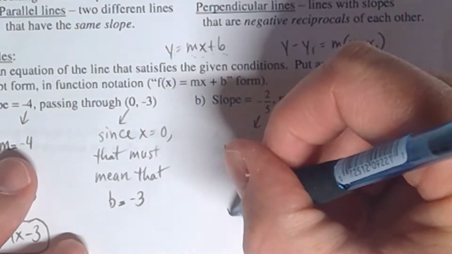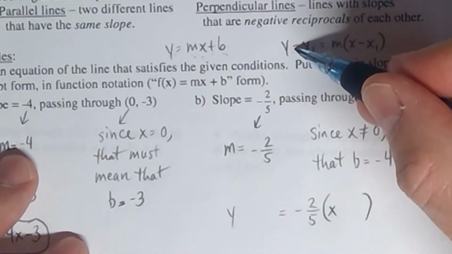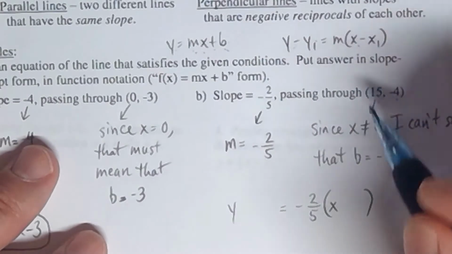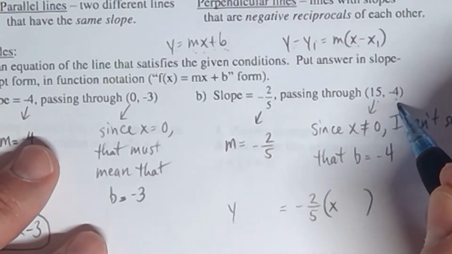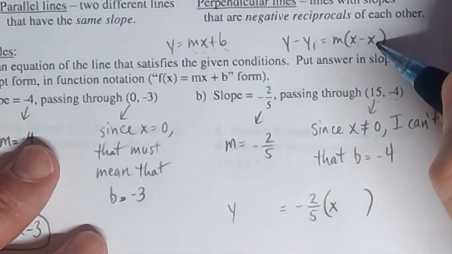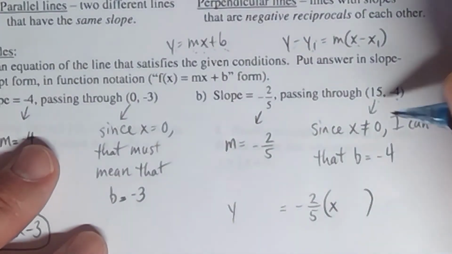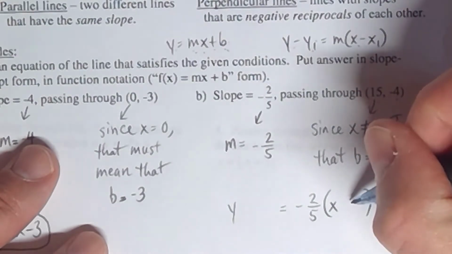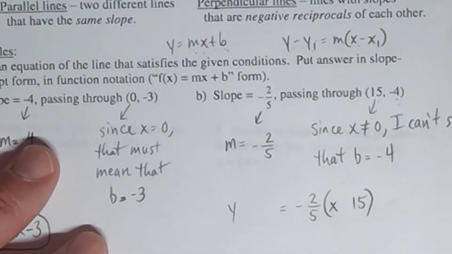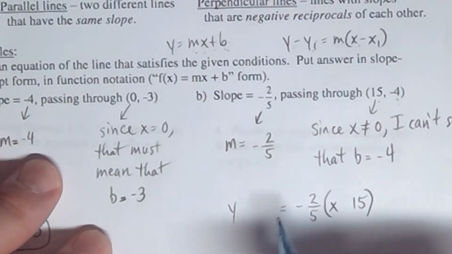I'm going to put the y at the very beginning of the problem, just like that right there. And then it tells me that the 15, -4 needs to go into this spot right here, x1, and this spot right here, y1. So if they give you 15, -4, you're supposed to put the 15 here, and then the -4 right here. But let's talk about that.